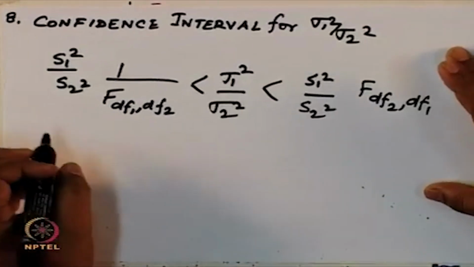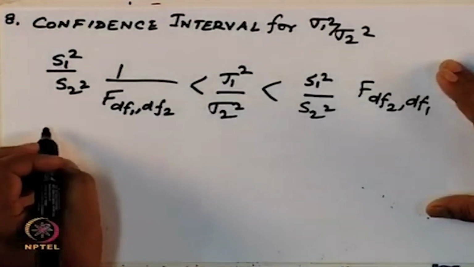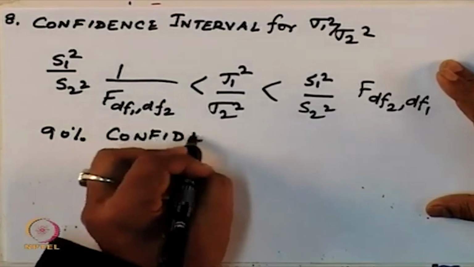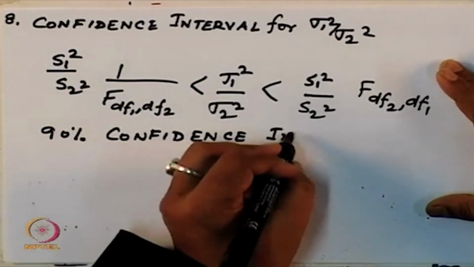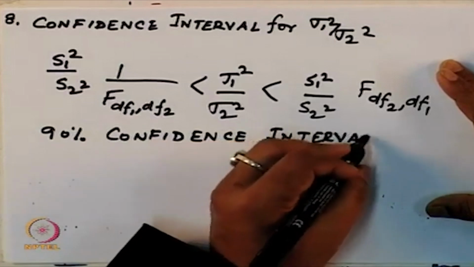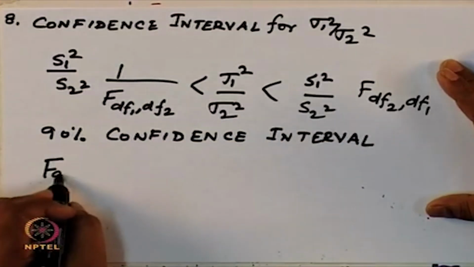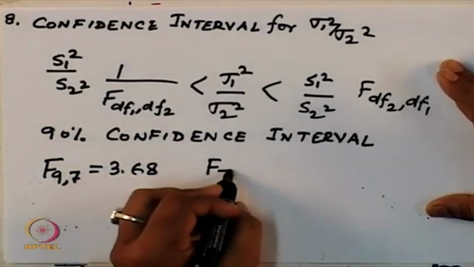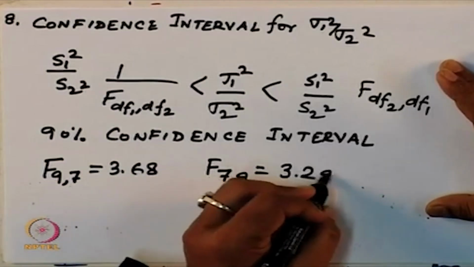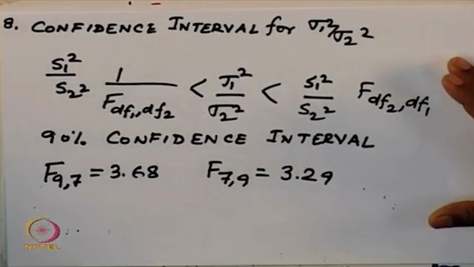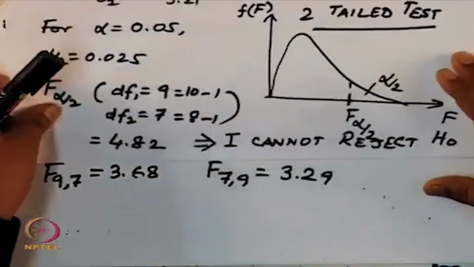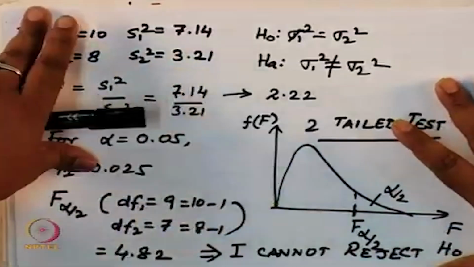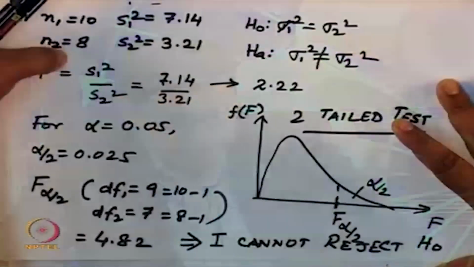For example, for the case that we discussed right now, for a 90% confidence interval, you can look up f of 9 comma 7, this is 3.68, and f of 7 comma 9, this is 3.29. In this case you had S1 square 7.14 and S2 square 3.21, so that is why you got df1 is 9 and df2 is 7.